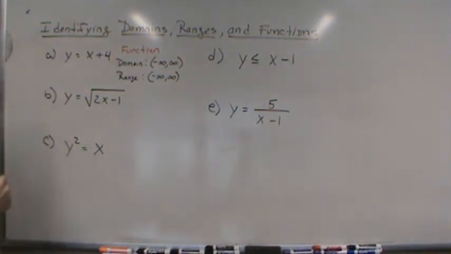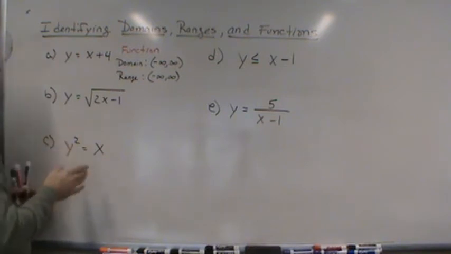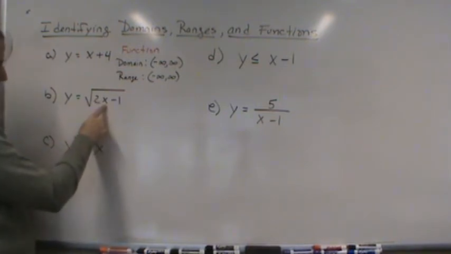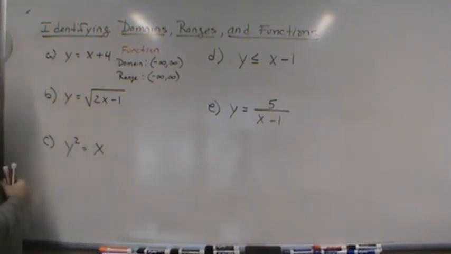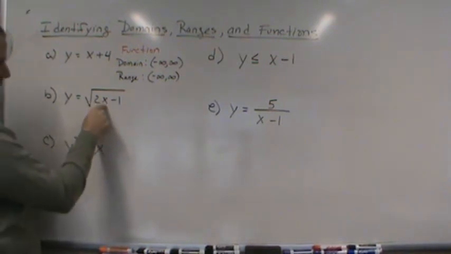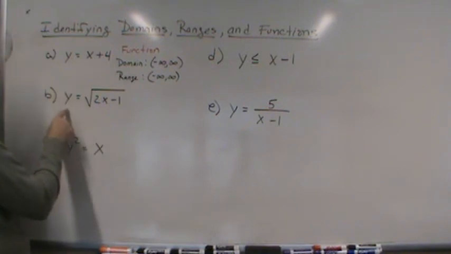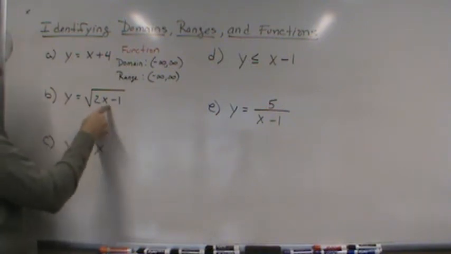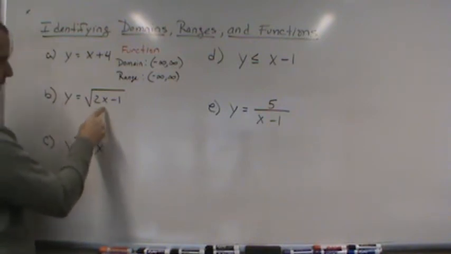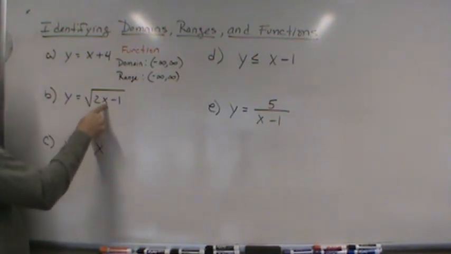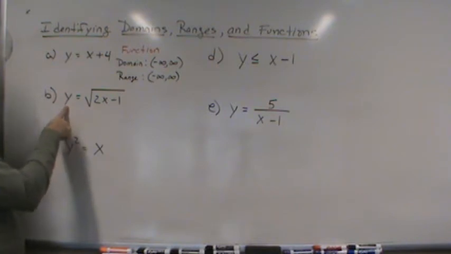Now what about b here? First of all, let's see if this is a function. For every value of x that we stick in here, is there exactly one value of y? If we stick in 1, y is going to be 1, and so on. So again, we can easily see that for every value of x, we will get exactly one value of y.